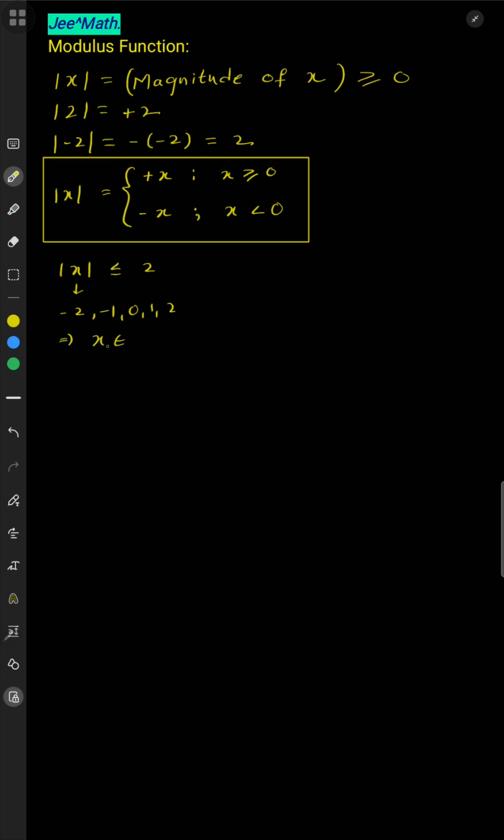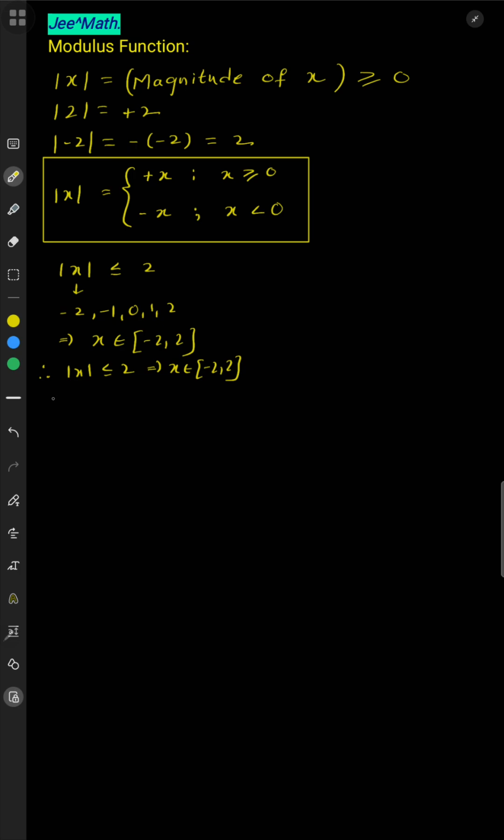X values are from minus 2 to plus 2. Therefore, when modulus of x is less than or equal to 2, then x belongs to minus 2 to 2.